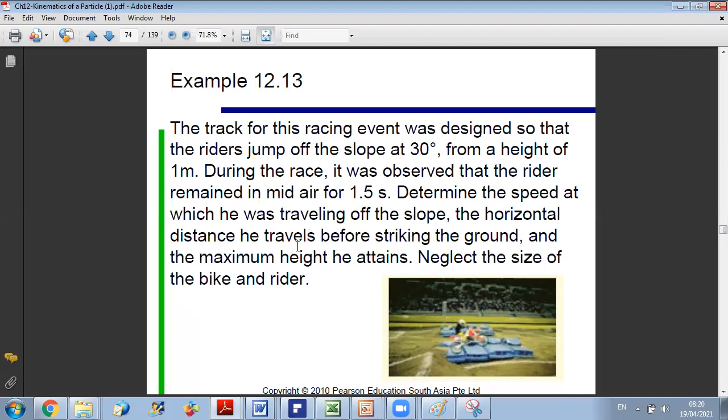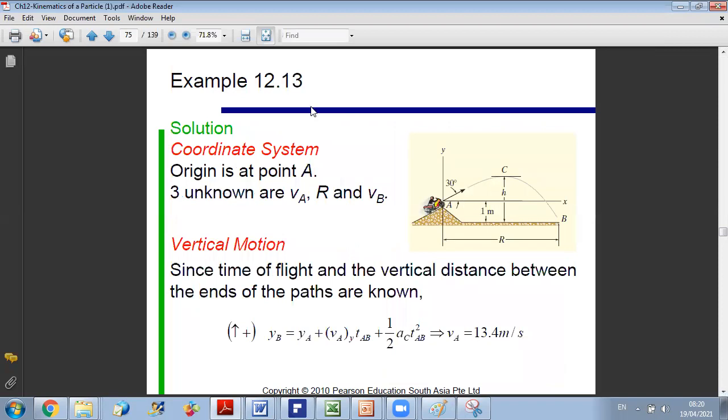So in this problem, also it's a projectile motion. This is the information we know. We have a rider going over a projectile motion. Now we know the angle of incline, 30 degrees, but we don't know the magnitude of initial velocity. So here V0 is unknown.